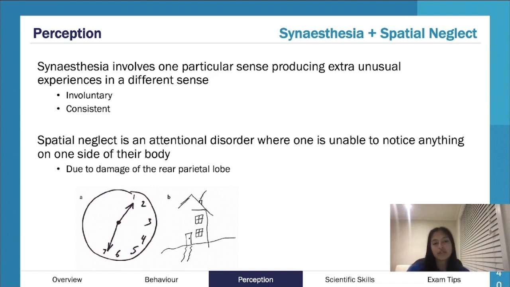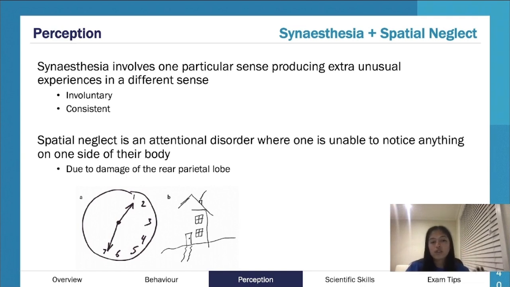Spatial neglect is something different. This is often due to brain damage as well. You can more commonly see it with a stroke, often due to the rear parietal lobe. And remember the parietal lobe is associated with your proprioception and that sort of thing. They basically ignore everything on the left side of their body. Their eyes aren't damaged, they have vision of their left visual field, but their brain just can't interpret it.